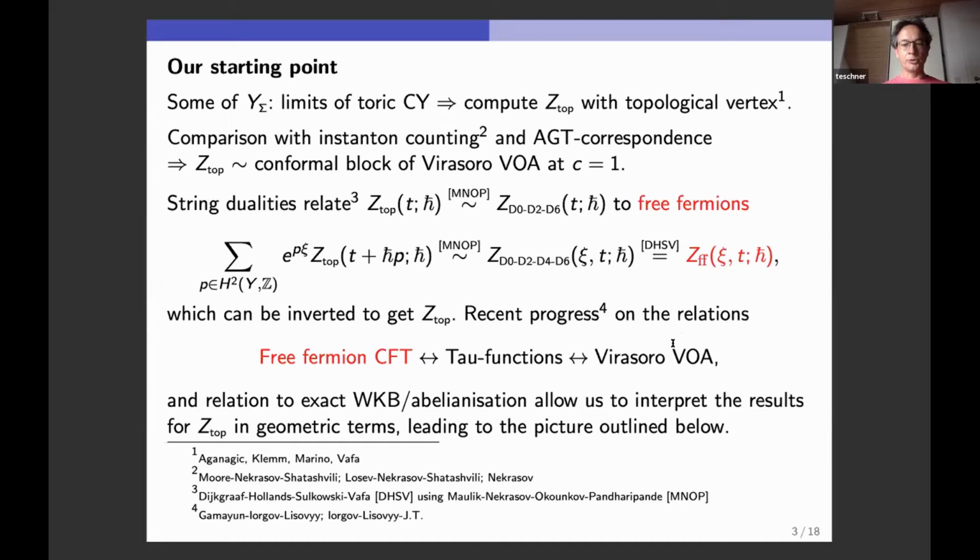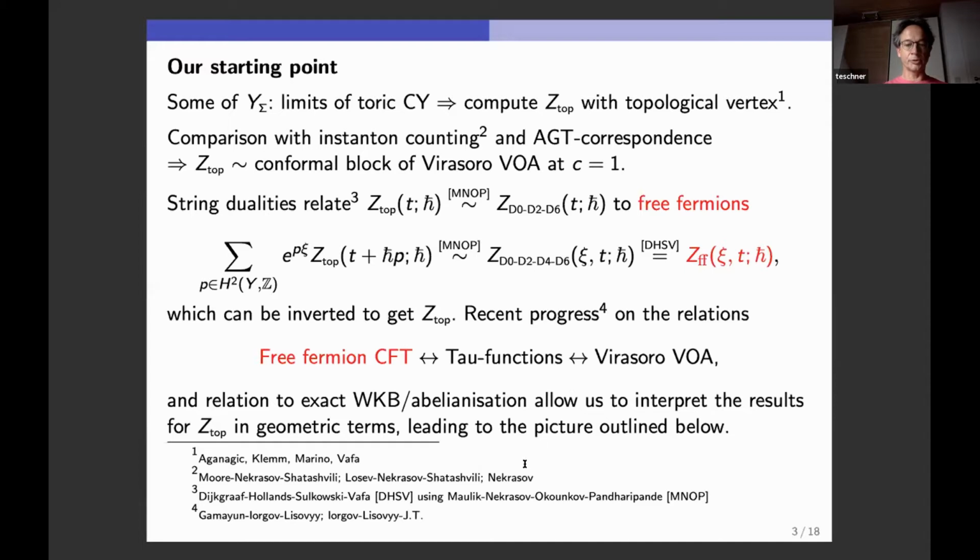And then what we used was recent progress on the relations between free fermion conformal field theory, tau functions, and Virasoro VOA, which was stimulated in the paper by Gamayun, Iorgov, and Lisovyy. This was proposing a conjecture giving a new description of the isomonodromic tau functions in terms of Virasoro conformal blocks.